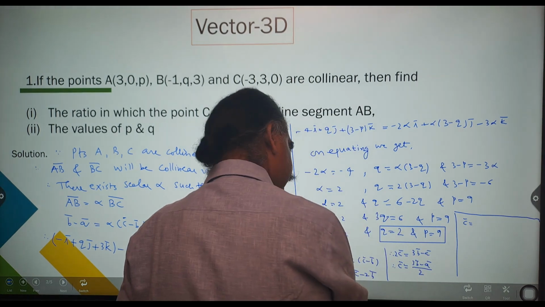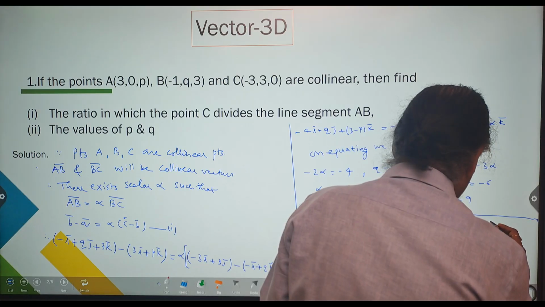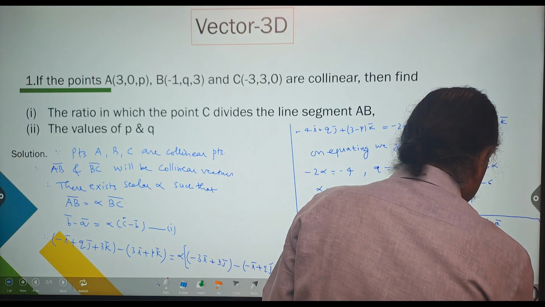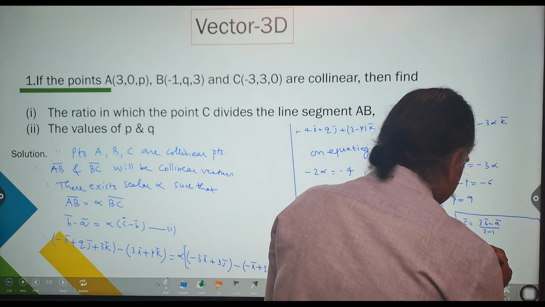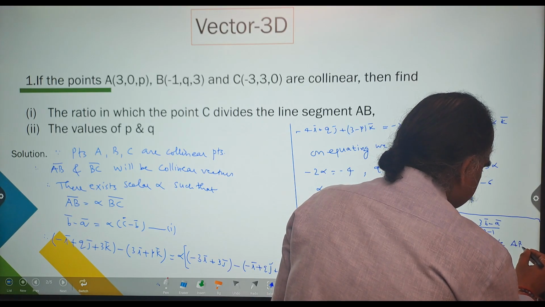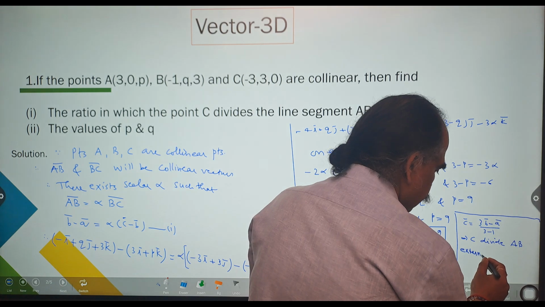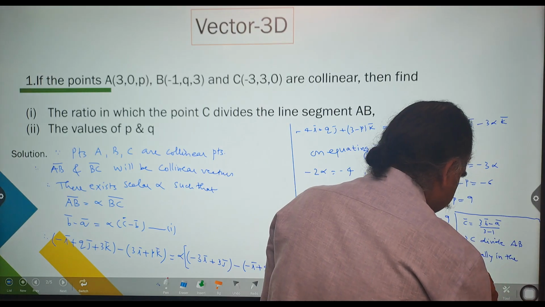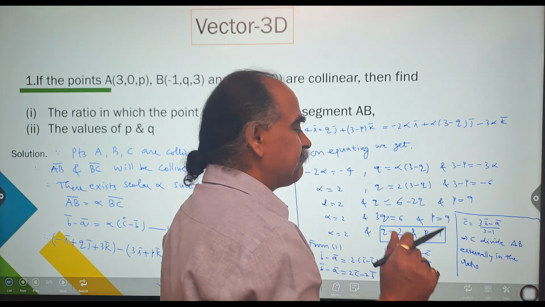So C bar is what? (3B bar minus A bar) upon (3 minus 1). So C divides AB, negative sign is there, so externally, in the ratio, the number of B we write first.